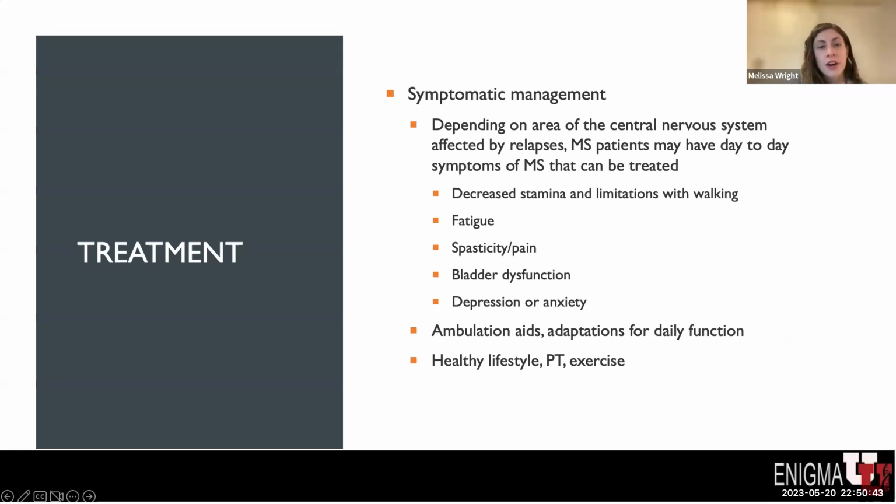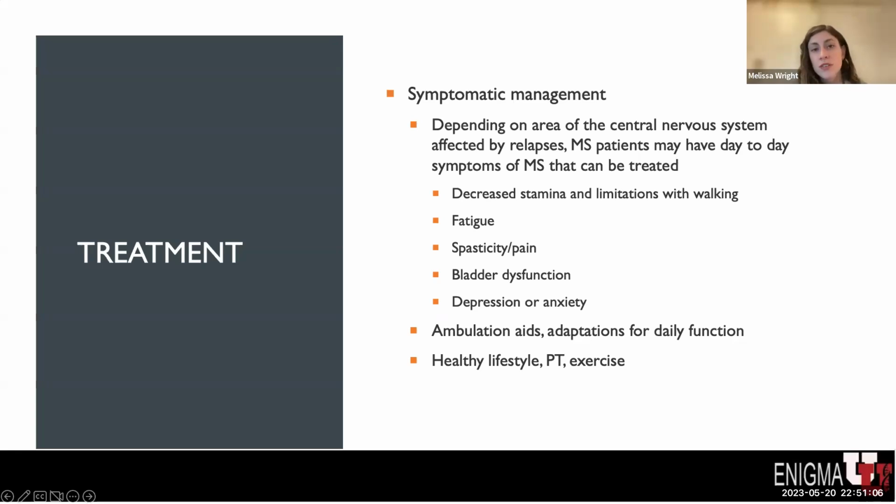Depending on the area of the central nervous system, these symptoms can be varied, and some of these symptoms can be treated with medications. Decreased stamina and limitations in walking, fatigue, spasticity and pain, bladder dysfunction, and depression and anxiety are all symptoms that we have medications for that can help to improve the quality of life of patients.